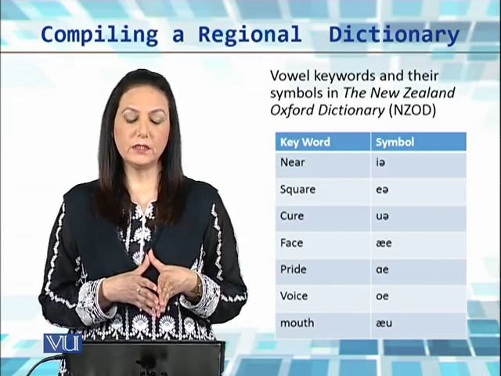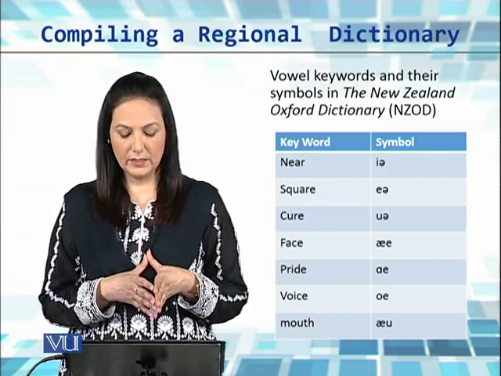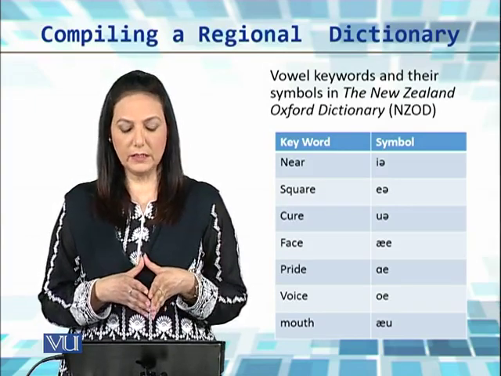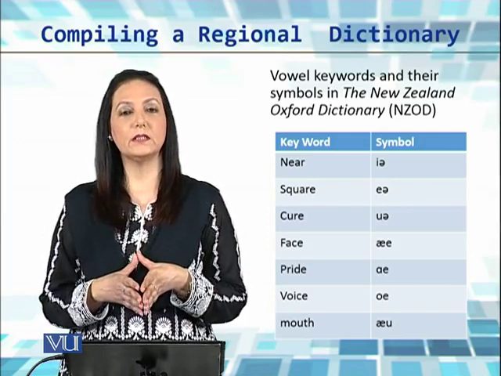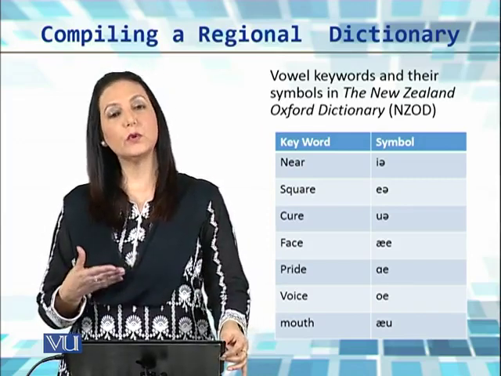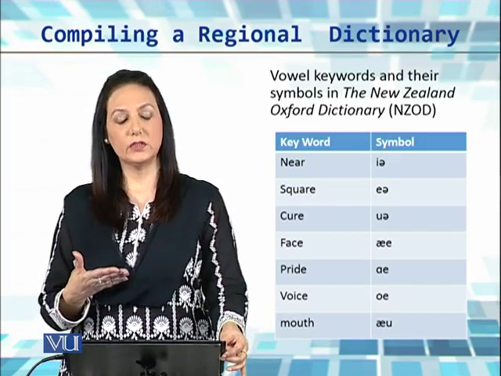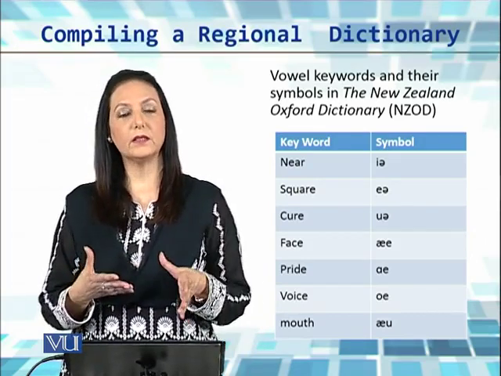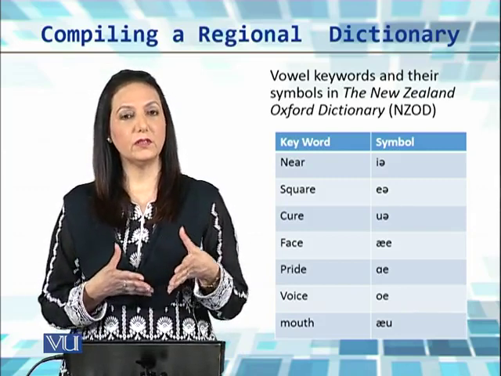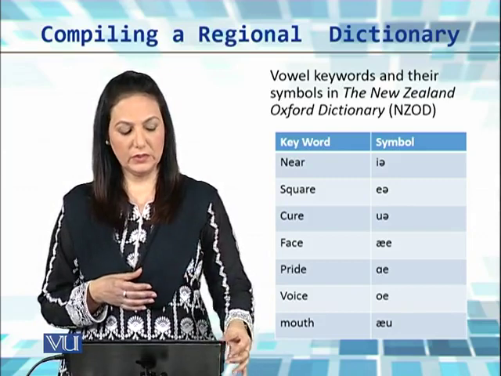Similarly, voice is represented here as voice, face as face. So all these sounds represent New Zealand English and not American or British English. And that is what should be done when a regional dictionary is prepared for any other country, for example, a South Asian country, or Southeast Asian country.